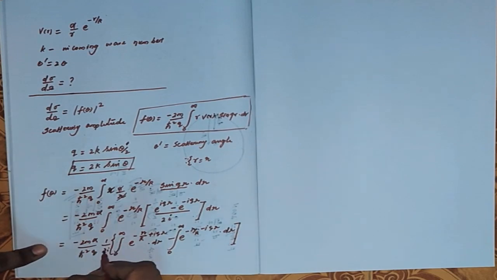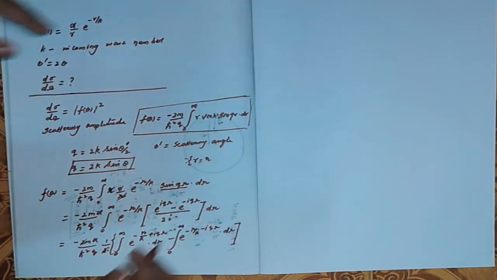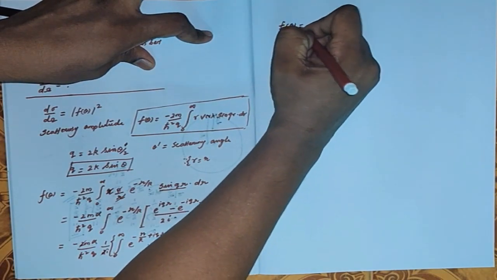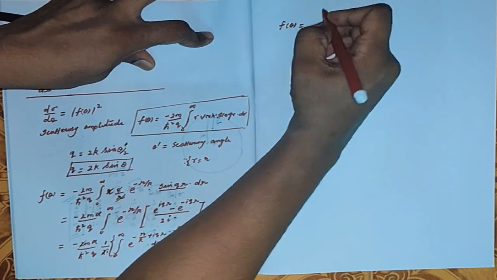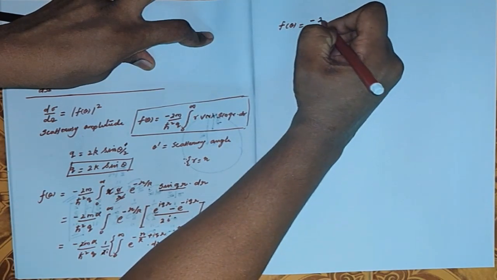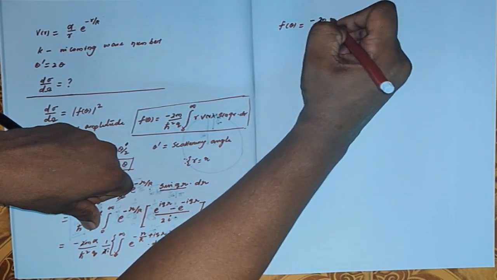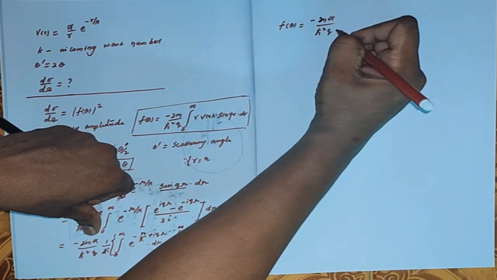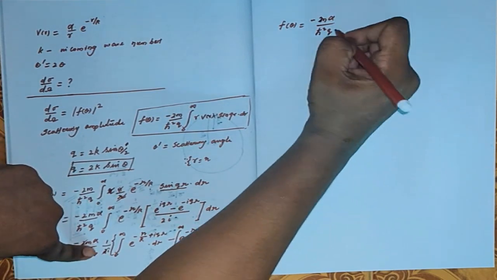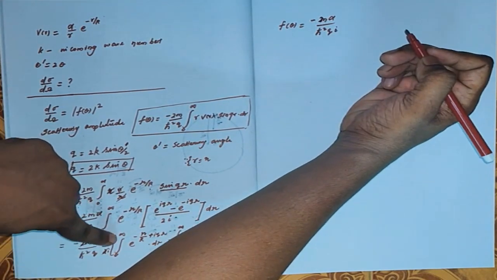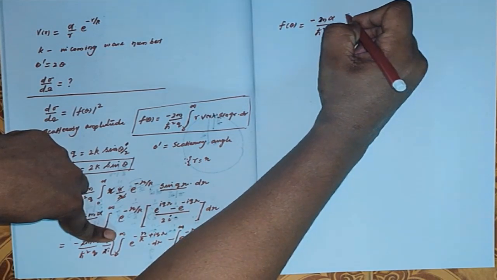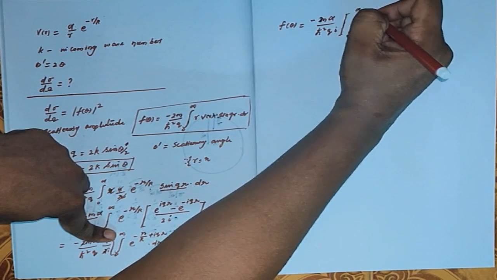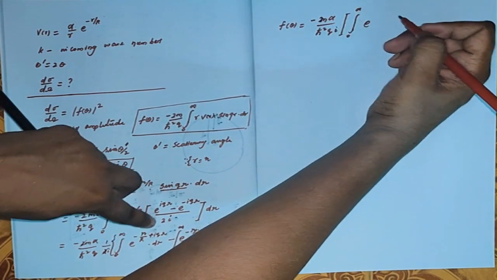You can cancel this 2. So the scattering amplitude f of theta would be equal to minus m alpha divided by h square q, times an imaginary term. Before doing the integration, first write it in a simpler manner by taking the integration variable outside.